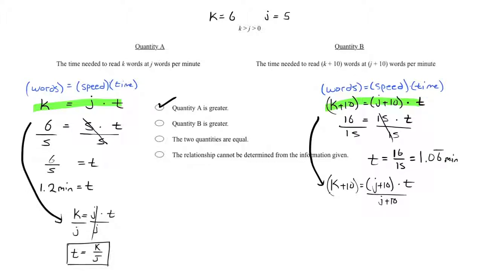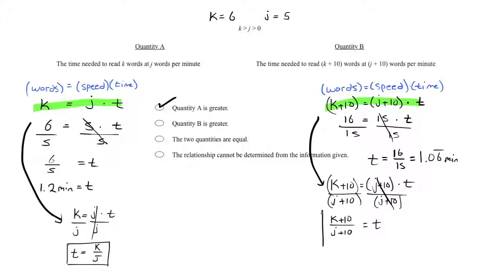Solving here for time by dividing by the very ugly J plus 10, T is equal to K plus 10 over J plus 10.